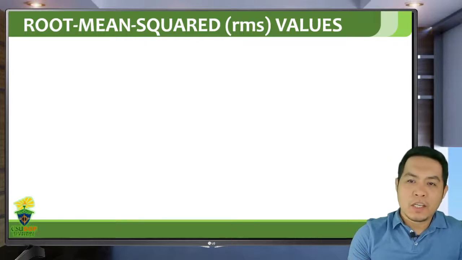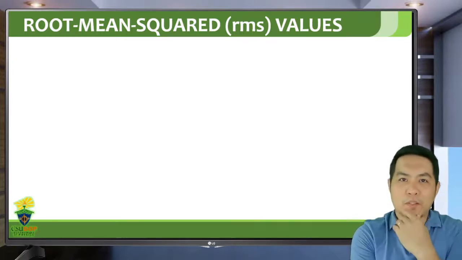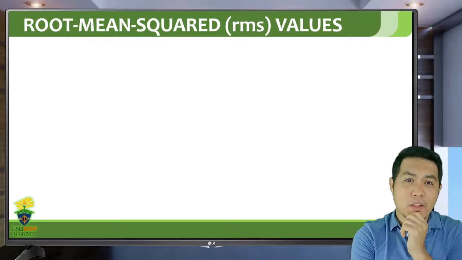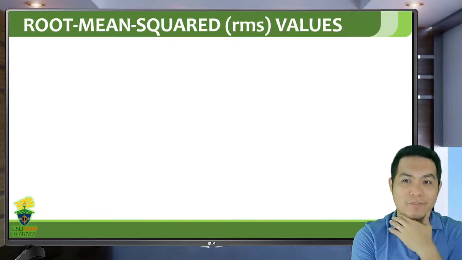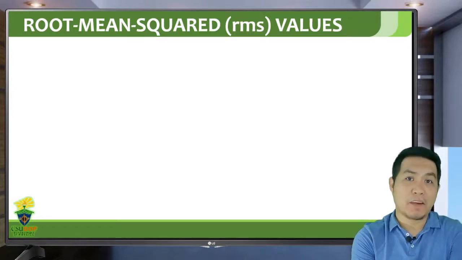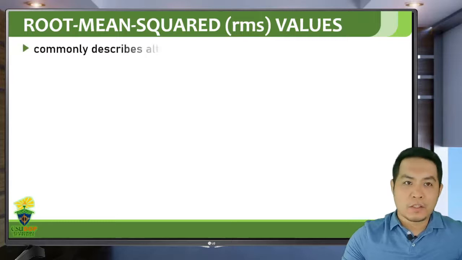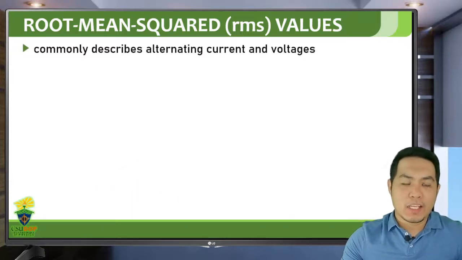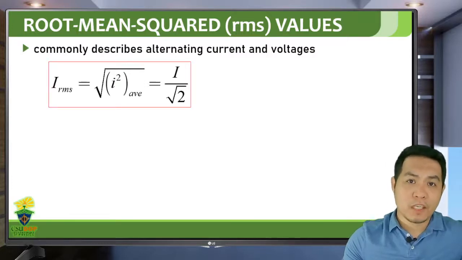Now, since the values of our current and voltage are alternating, how do you describe the current and the voltage values? One common way to describe alternating values is by taking the root mean square value. This is used commonly to describe alternating currents and voltages.